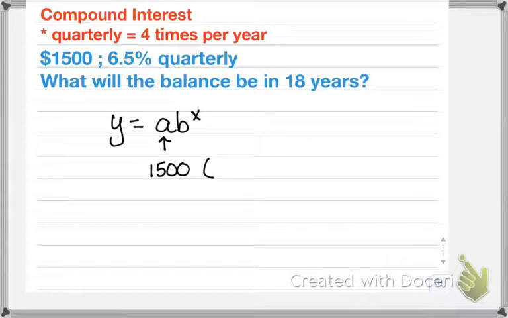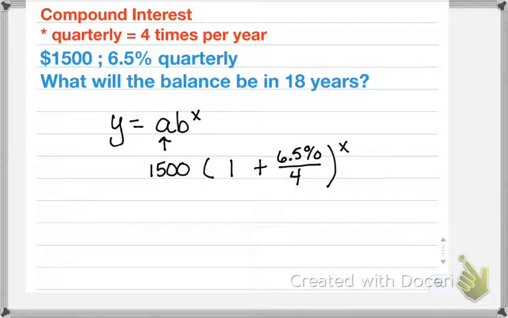We have to think again, we're talking about percentages, so we have 100%, which we know is 1, our whole amount, plus we're going to have 6.5%, but this time we have it quarterly. So that's split into 4 pieces, and we would have a little unknown up here, our exponential. So now we're going to think about changing this percentage into a decimal.